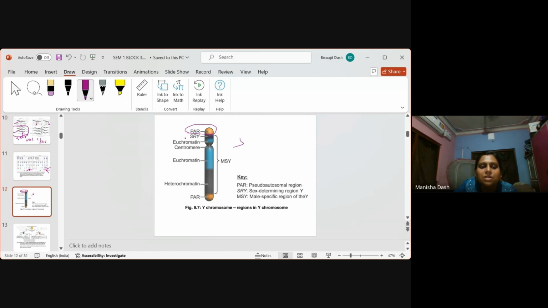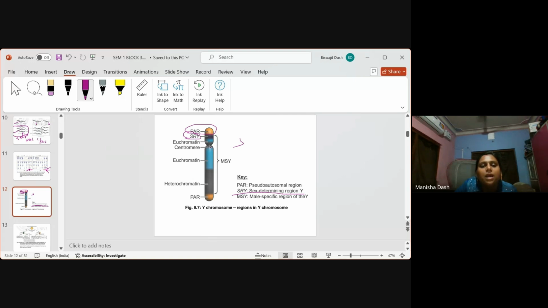Then this is the most important segment or gene responsible for sex determination, the development of maleness, that is the SRY, the sex determining region Y. Now this is the centromere, this is the euchromatin region. Euchromatin means it has genes that are expressible. Then this is the heterochromatin region, in which there are genes that are permanently switched off.